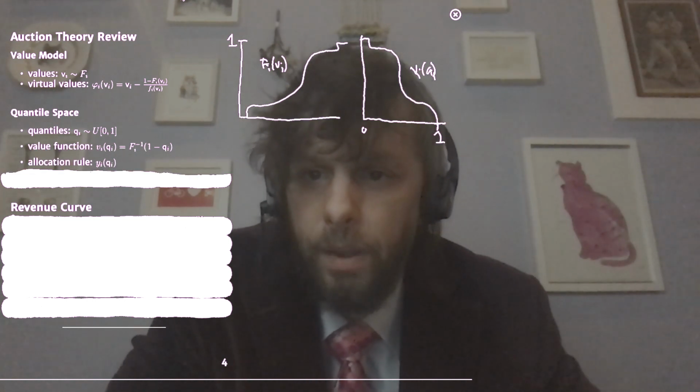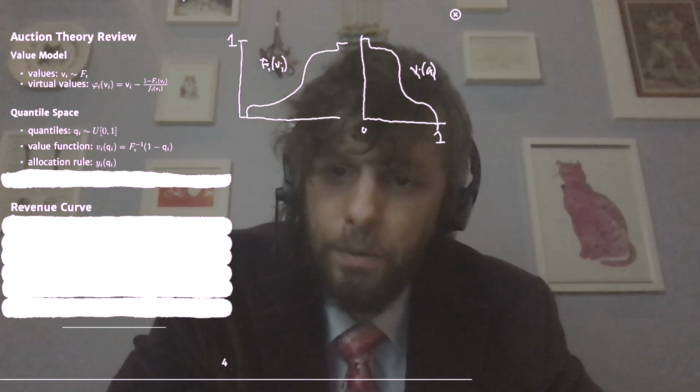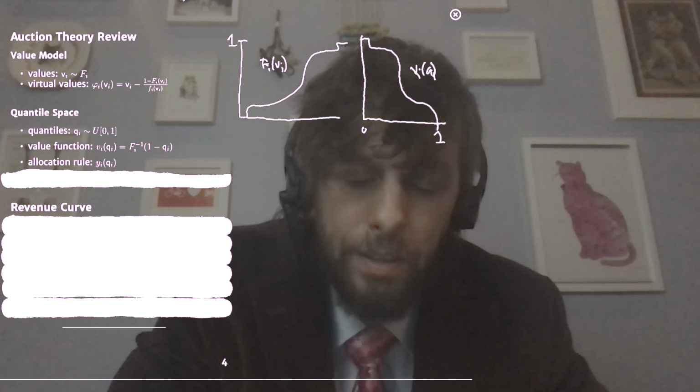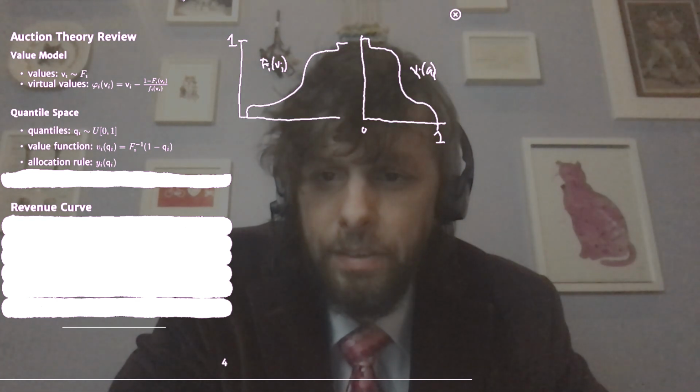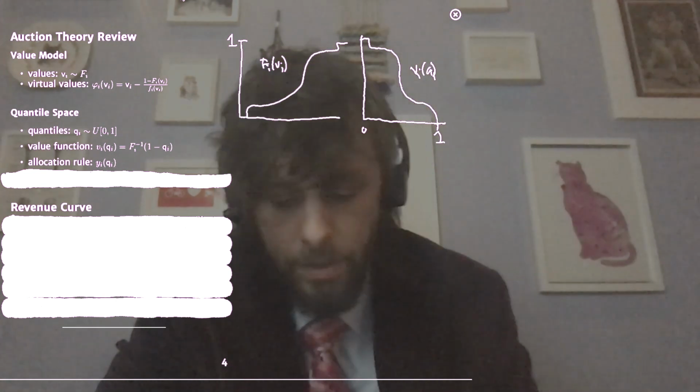Great. I will denote allocation rules by y. I'm going to write them in quantile space. So y_i tells me the probability that agent i is going to receive the item as a function of the agent i's quantile.